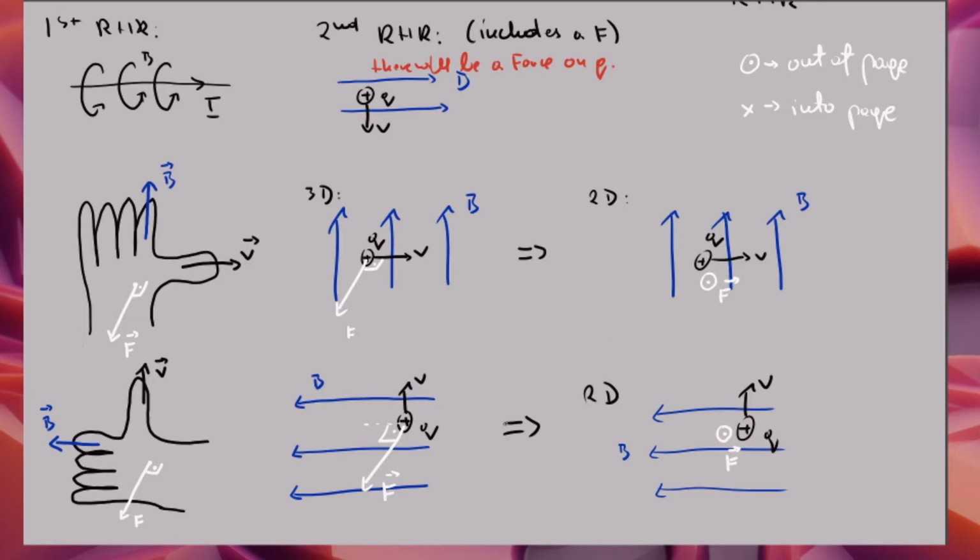All right, now I'm going to impress you. Okay, so here's a hand, nicely drawn hand. What we need to do is the right hand rule, second right hand rule, which is used to find the direction of the magnetic force on charge Q as it moves at speed v through the magnetic field B. So the way to do it is that you want to align your thumb with the direction of the velocity of the particle.